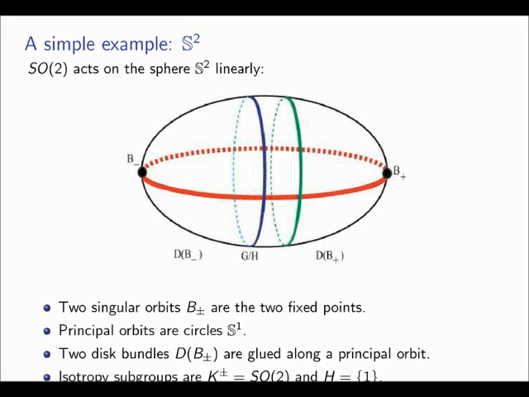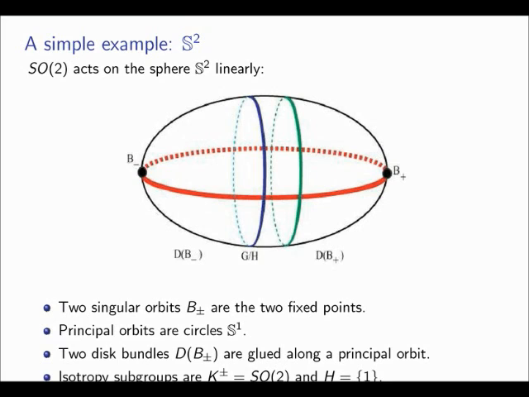So you can think about the S2 as gluing these two different disks along the circle here, along the principal orbit. And then you can compute the isotropy. The isotropy means the elements that fix the points. The elements fix B minus and B plus. So the isotropy group is the whole group.